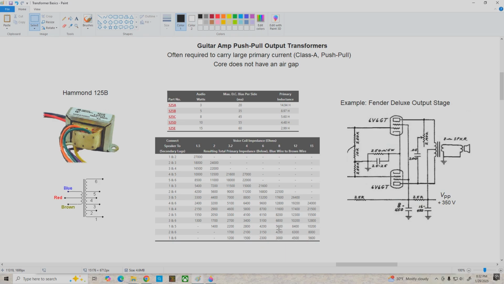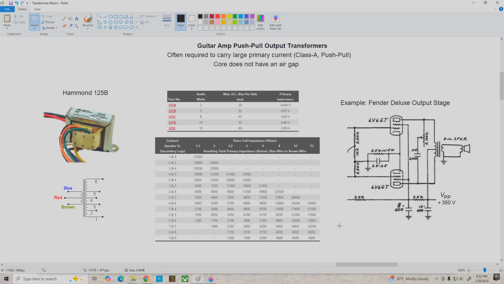We could take our pick here, and we would use either lugs 1 and 5 or 2 and 6 to connect our speaker to. Now, we could do a load line analysis and figure out which is best to use, but generally speaking, we could probably pick either and it would work just fine.